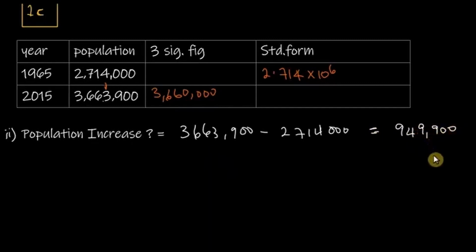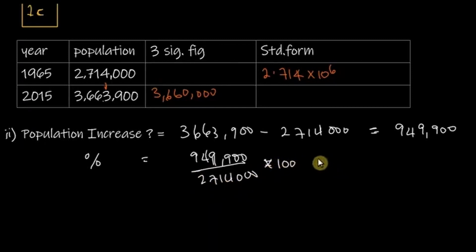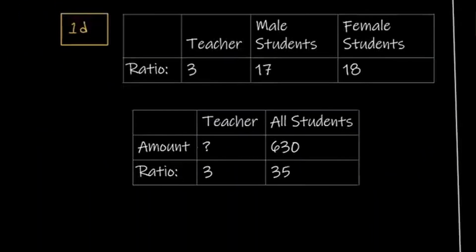So as a percentage increase, that would be equal to 949,900 over the 1965 population. So that's 2.714 million. We multiply by 100 to convert to percentage, and that would be equal to 35%.